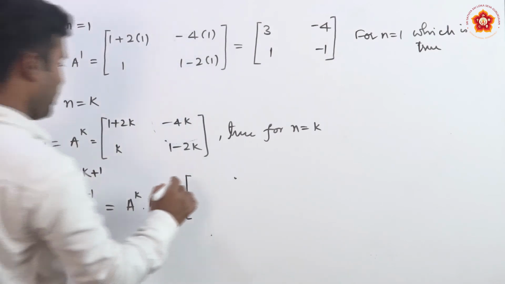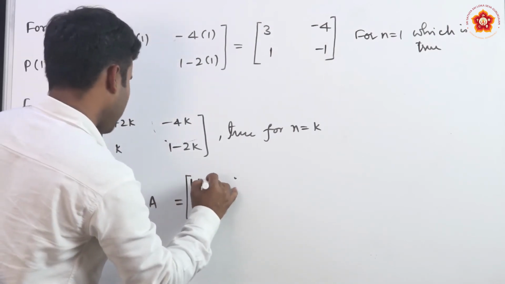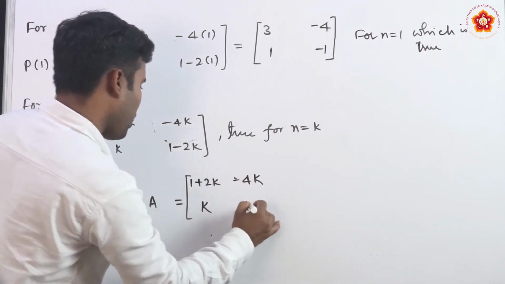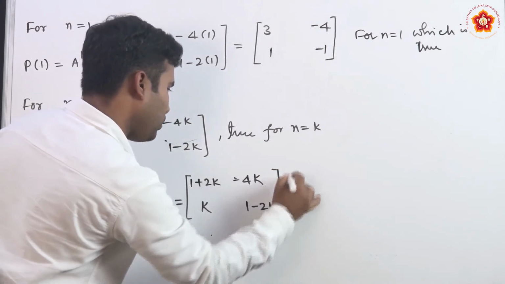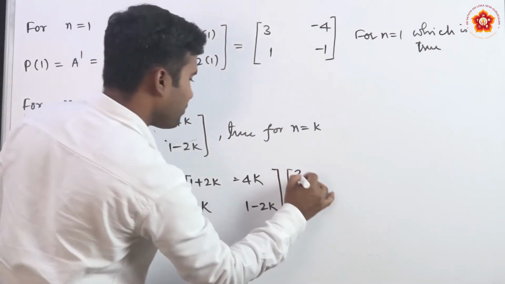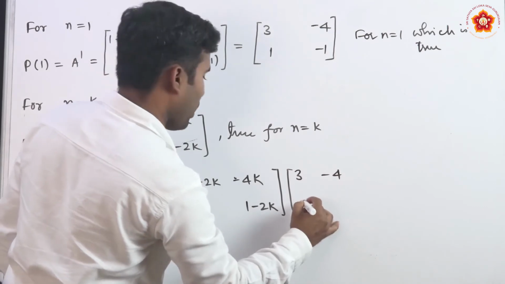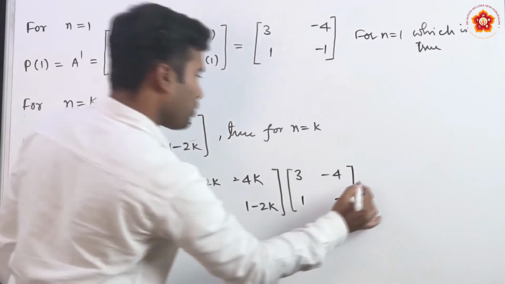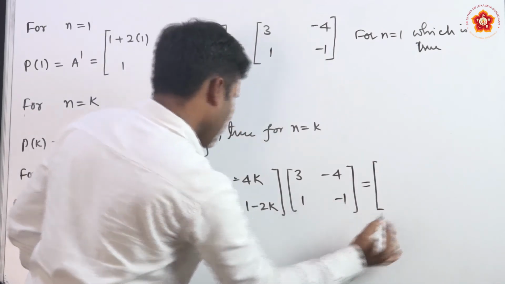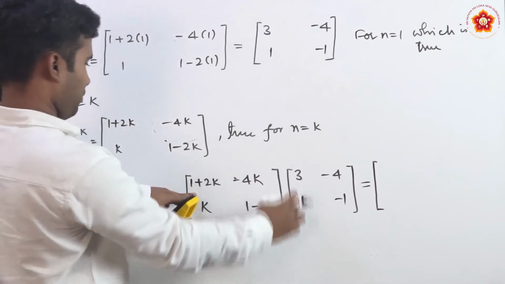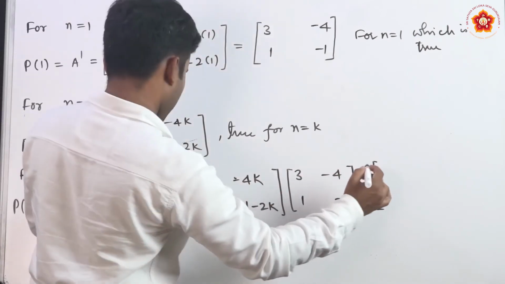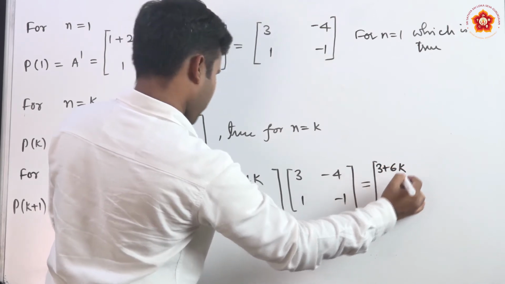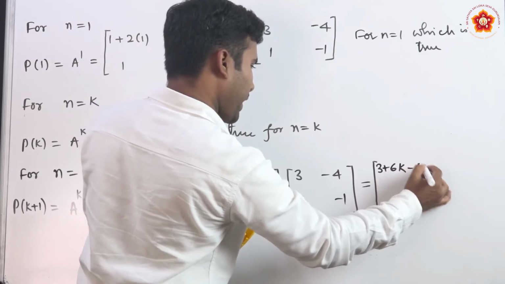From this we have a power k as the matrix [1 plus 2k, minus 4k; k, 1 minus 2k] into a, which is [3, minus 4; 1, minus 1]. So, now you multiply these two. What you are going to have is, multiply the first row into the first column, that is 3 plus 3 into 2k, 6k, and minus 4k.